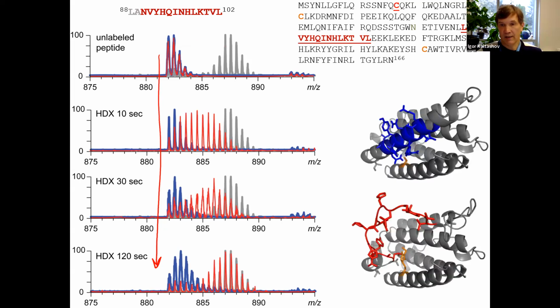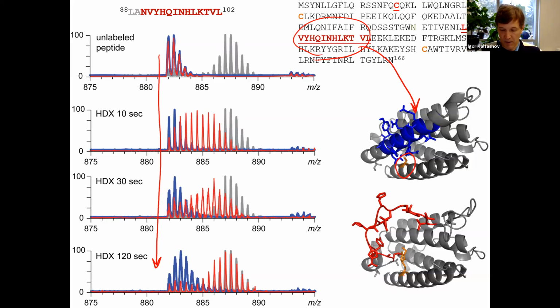And the reason for that is that this segment is highlighted in my structure in blue here. In 3D, two helices make a bundle, and this helix faces this cysteine residue.